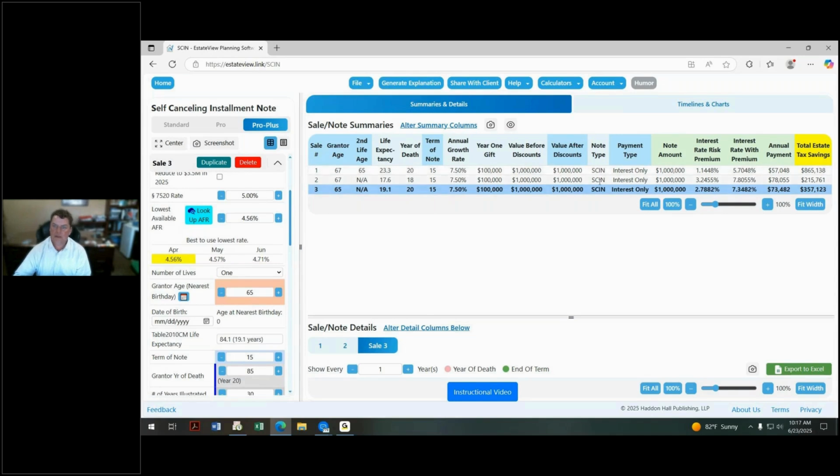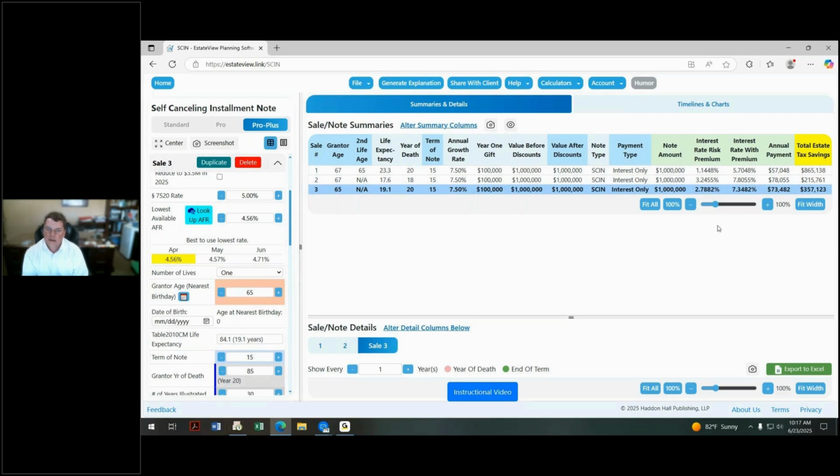With a 15-year note, if it's an interest-only note charging an interest premium with a joint life expectancy, the interest rate premium is 1.1448%. So what that means is that when you add it to the 4.56, you'll have a payment of 5.7048%.